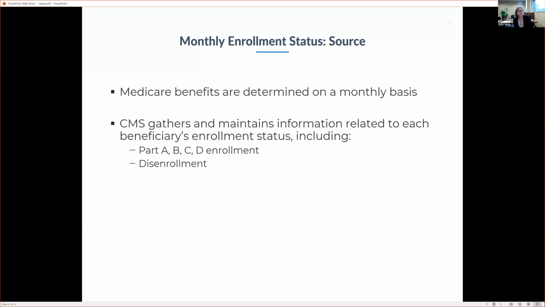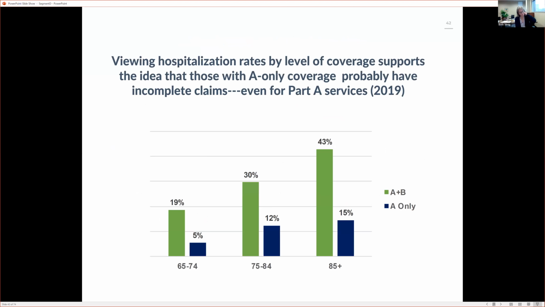So the monthly enrollment status: Medicare benefits, like insurance, are determined on a monthly basis. CMS gathers and maintains the information, including Part A, B, C, D enrollment and disenrollment. The challenge we have is that hospitalization rates for Part A, so we say, well, Part A is an entitlement, but in fact, Part A hospitalization rates depend on whether or not somebody has Part B. So for example, the hospitalization rate for people, let's take 75 to 84.